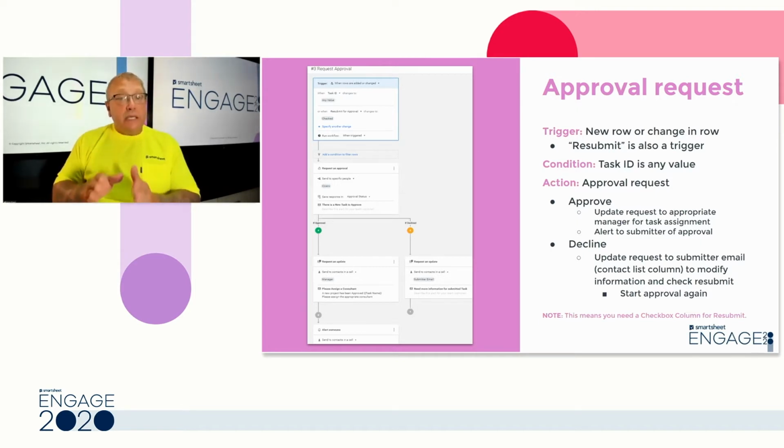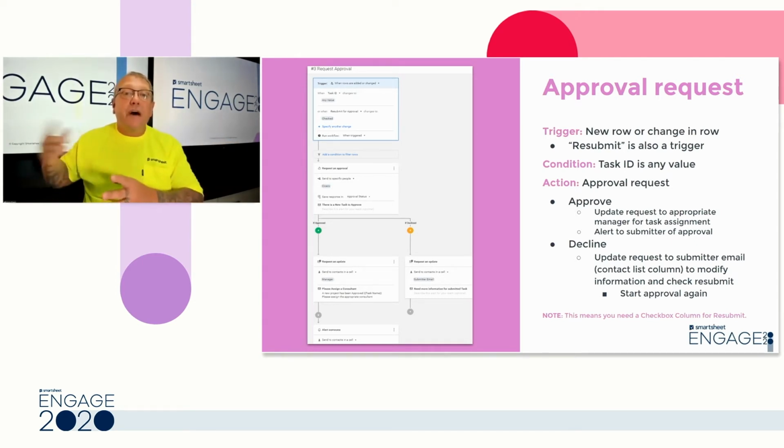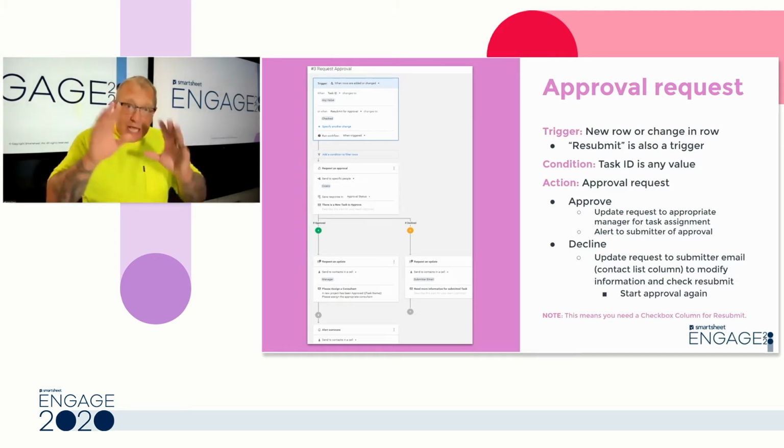So what that means is you have to create a checkbox so that you can let that person know when they're updating because they didn't do something that you wanted and that was declined, that when they check that and submit, it refires the approval. So that now they go, oh, they resubmitted it. I can approve this now. We're ready to go.